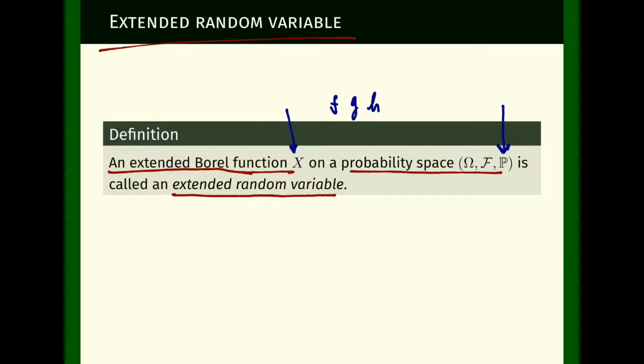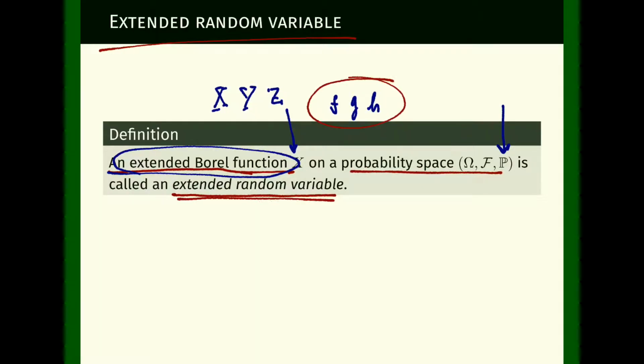If we know the measure space is a probability space, we use capital letters such as X, Y, and Z for the functions. But since extended Borel functions are more general, any theorem or property that we already know to hold for extended Borel functions is automatically true for extended random variables.